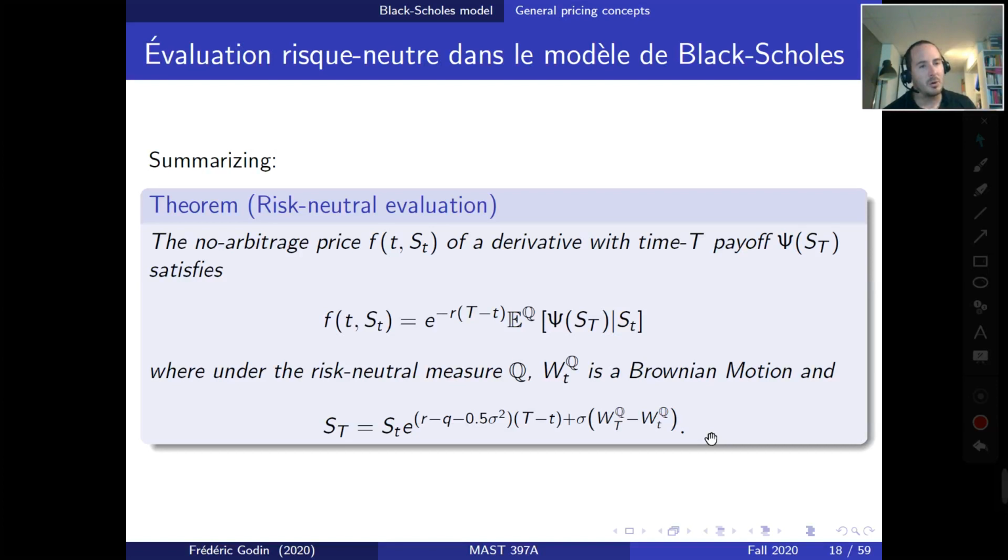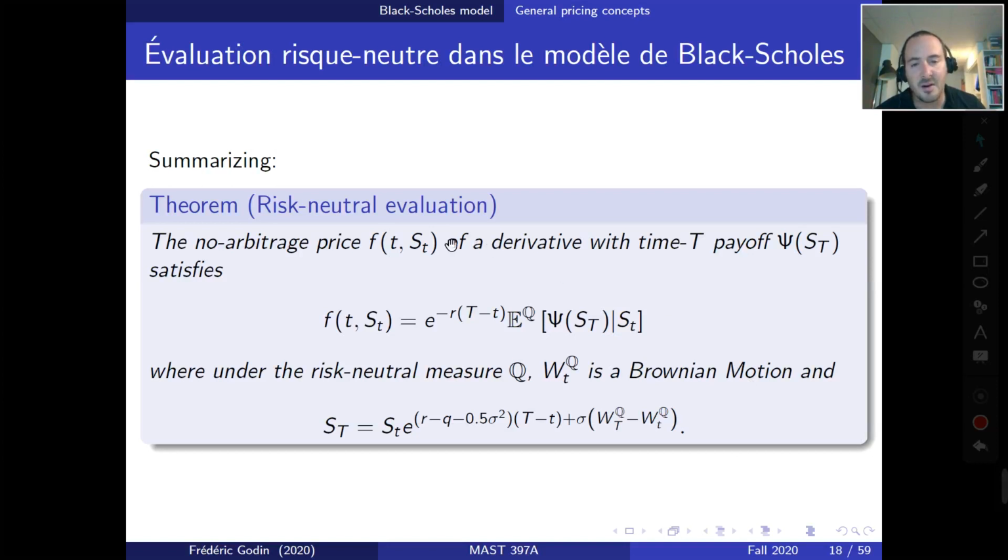But here WQ is not the original Brownian motion under P, it's the new process, which is a Brownian motion under Q. So this is the main result to price derivatives. Once you understand this result, you can use it to price various derivatives in the Black-Scholes market.